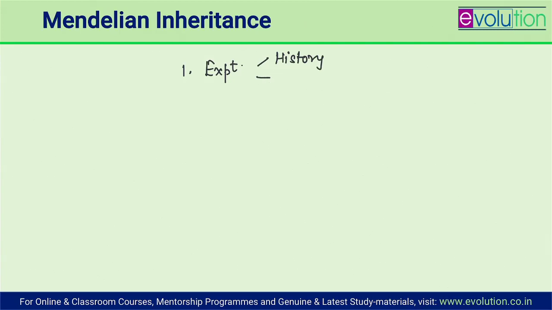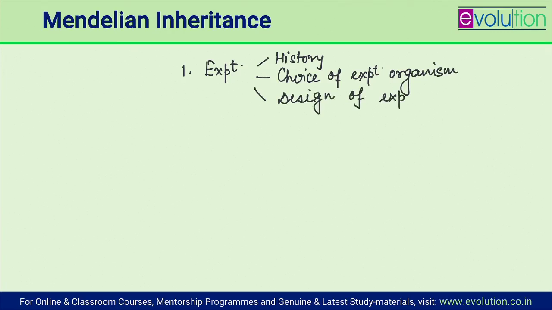Then you need to cover the choice of experimental organism, and the design of the experiment. How did Mendel design his experiment? What were the features Mendel was studying? Then the findings of monohybrid crosses and dihybrid crosses.